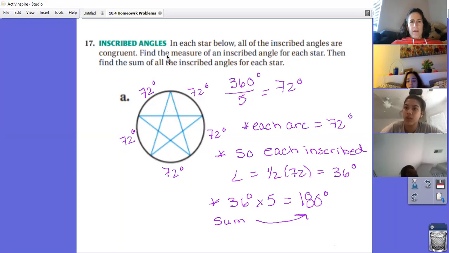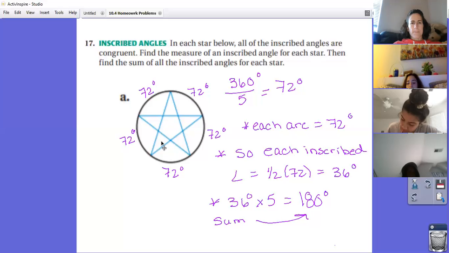So once I got there, the 2 questions were: find the measure of the inscribed angle for each star point, and the sum. What I did is I said, well, the arc is 72, so the angle is half of that. So each angle here would be 36. And then if I want to find the sum of all 5 of those angles, I just multiply 36 times 5 and got 180.